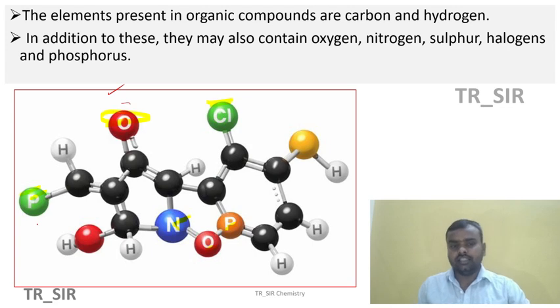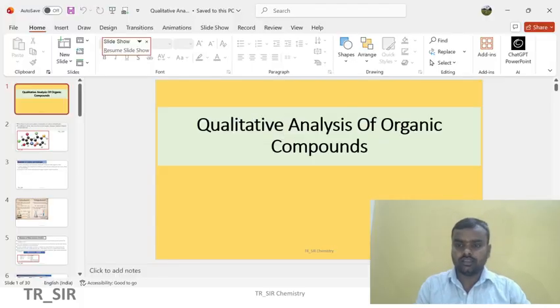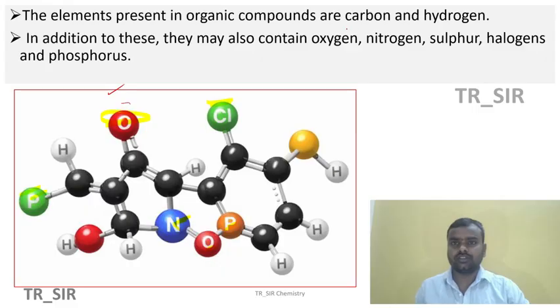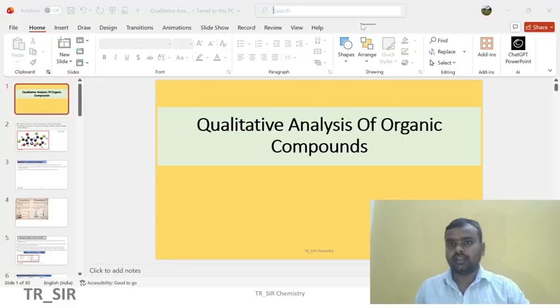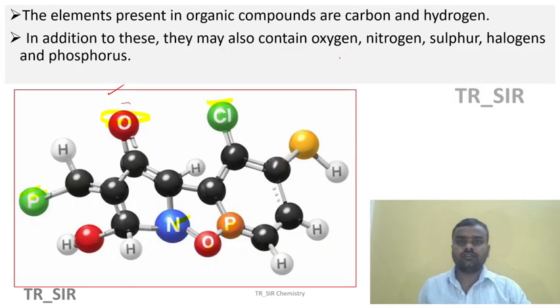In organic compounds, mainly carbon and hydrogen will be available. Carbon and hydrogen are the major ones. Then apart from carbon and hydrogen, we also have oxygen as well as nitrogen, sulfur, and halogen.